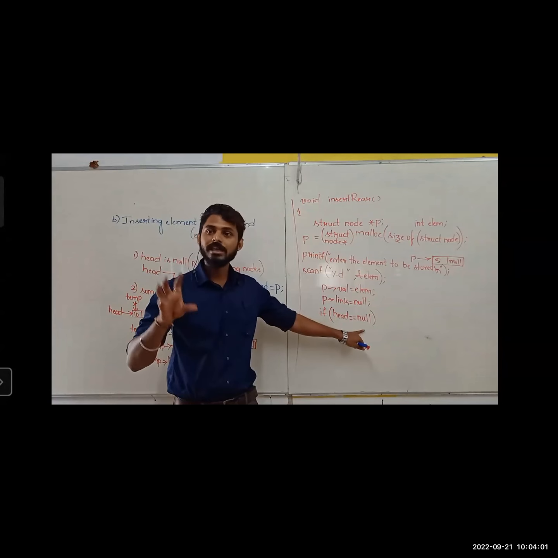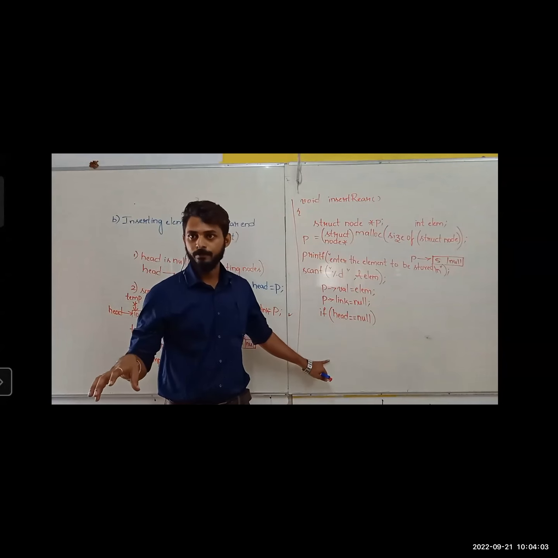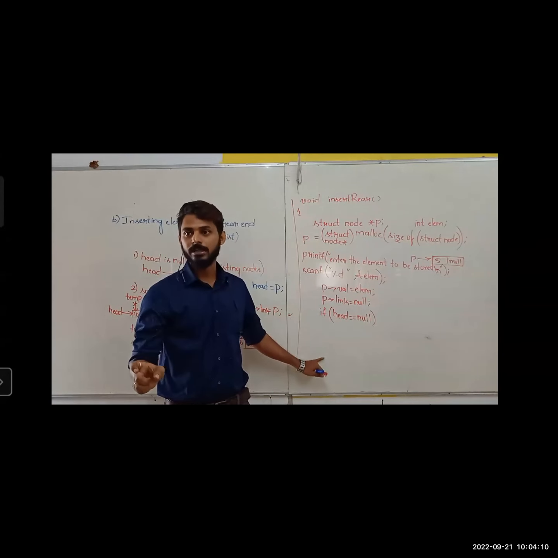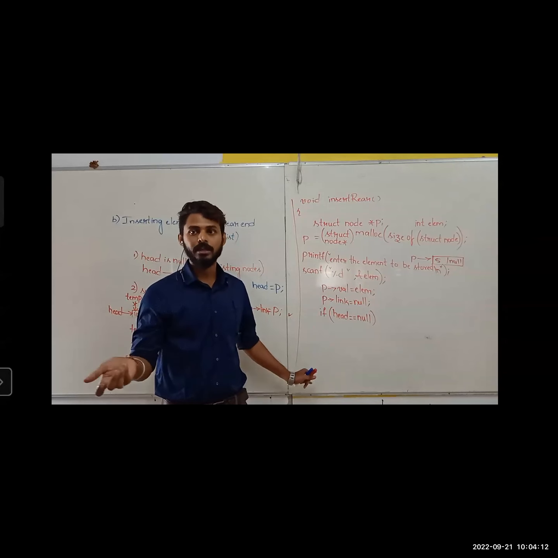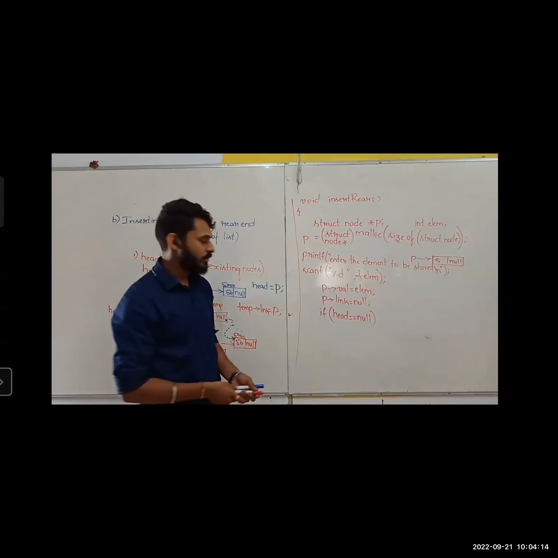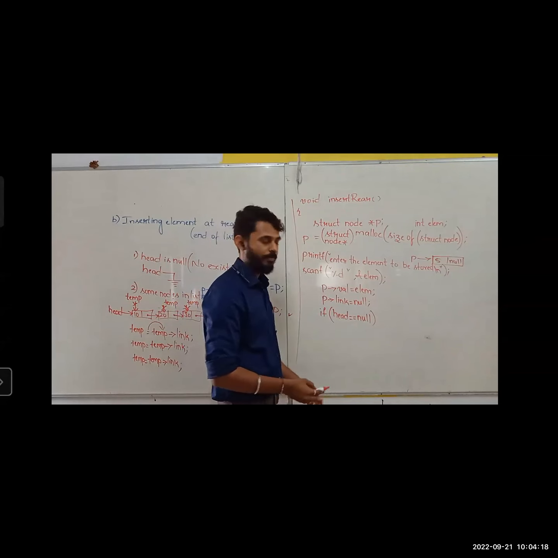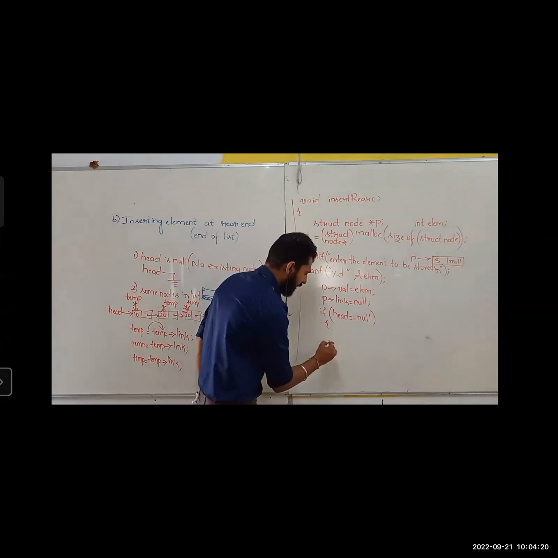If your age is 18, do something. I'm not saying that your age is 18; I'm checking if your age is 18, do something. Else, do some other thing. So double equal to is for checking, single equal to is for assigning. Now, if it is pointing to null, what should I do?